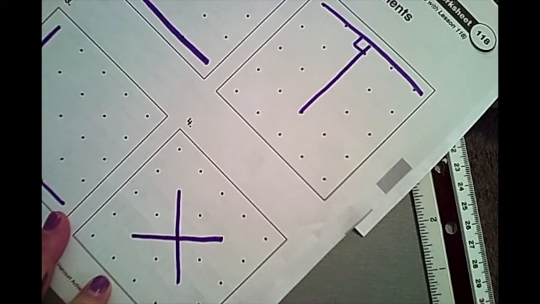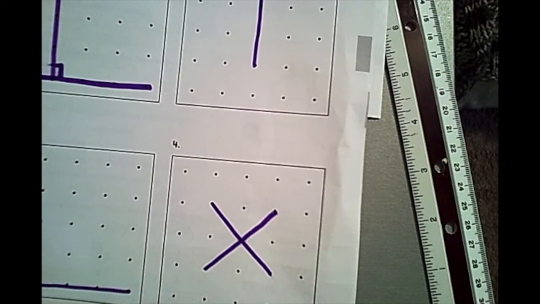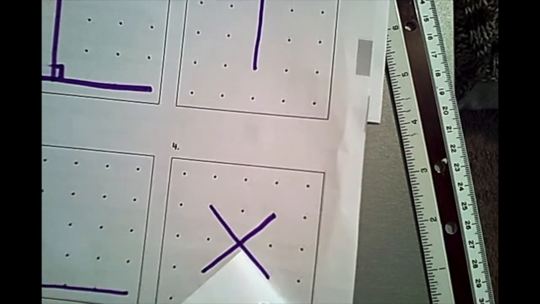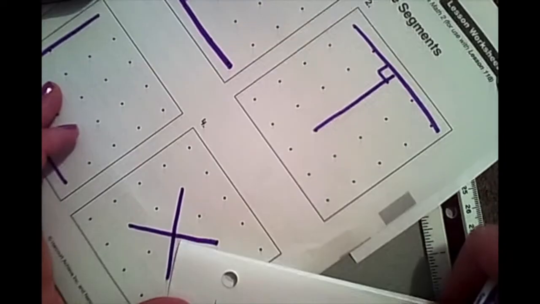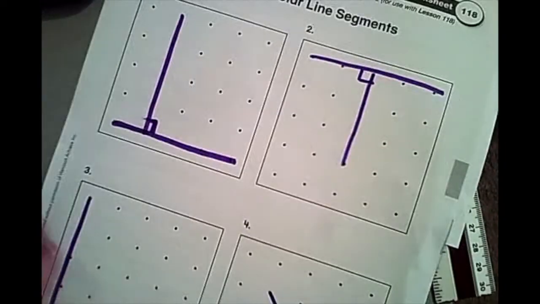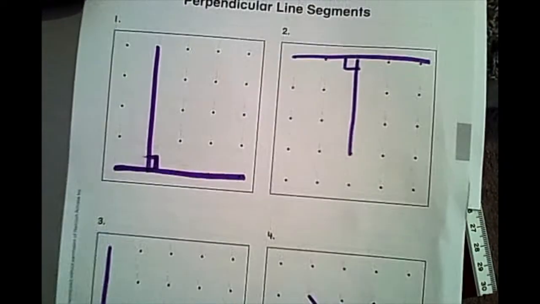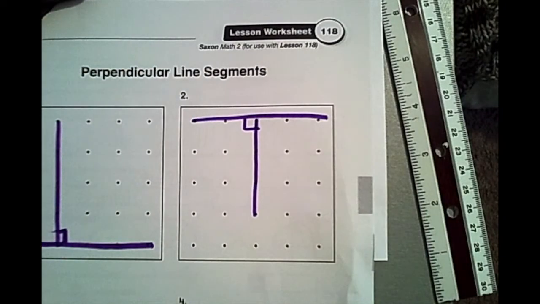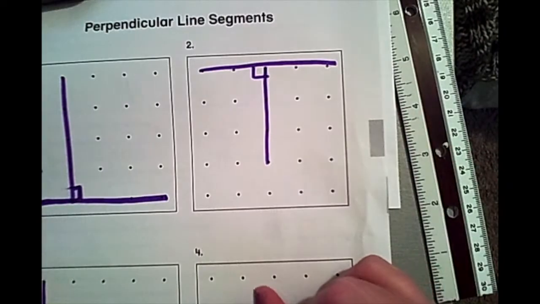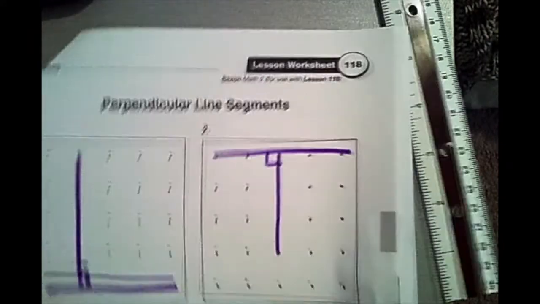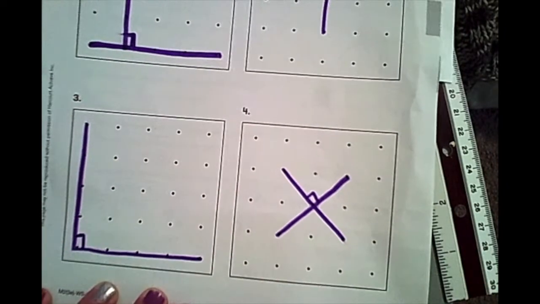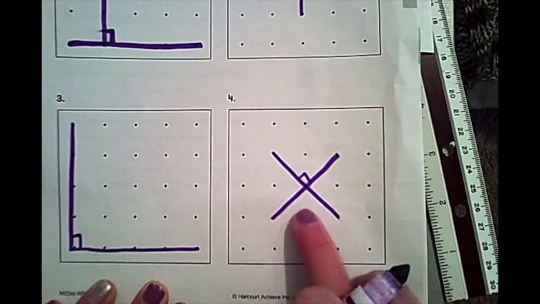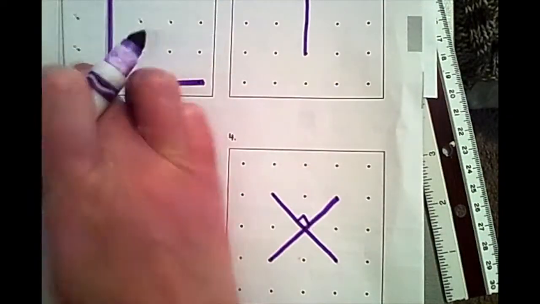It's a T again. And we can also check by putting our corners in there, the two lines like this. Oh, you can't see. There we go. So here are some examples of perpendicular line segments. They definitely hit each other, unlike parallel line segments, and they meet at 90 degrees, which is a right angle, which means you can fit a piece of paper in any one of these corners and it fits.